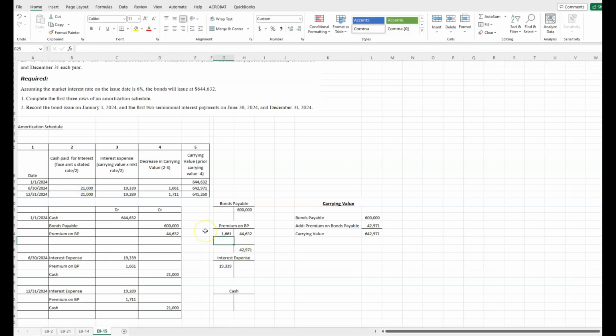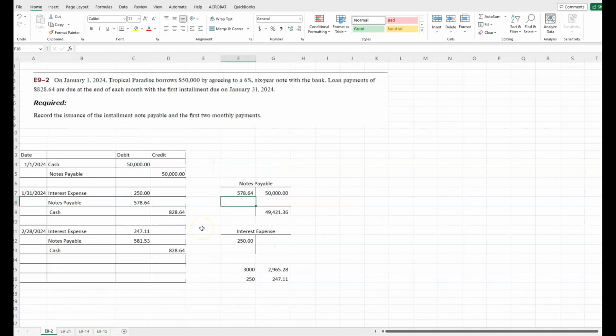If we post those accounts, that gives us our new carrying value of 641,260, which is what it says up here. Our interest expense for the year is the total of those two numbers, the 19,339 and the 19,289. Okay, work on this stuff, practice it, and we'll do group work on this on Tuesday. See you then.